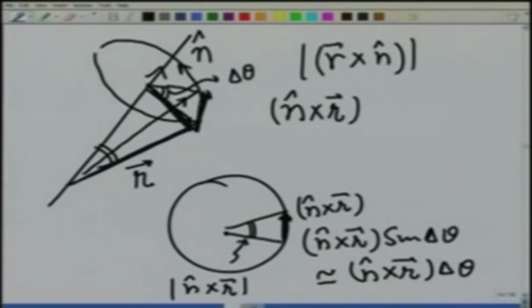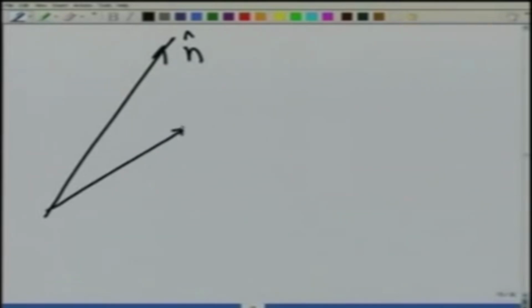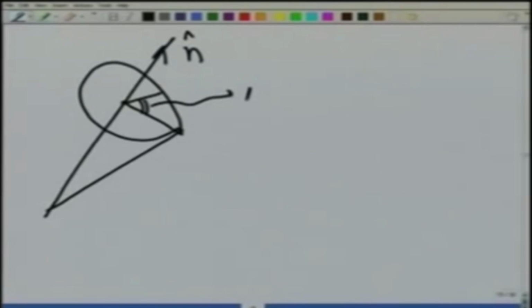Let me make the figure again. I have taken an axis in the direction of unit vector n, taken a vector r, which is rotated by a small angle delta theta, and I want to know this change.